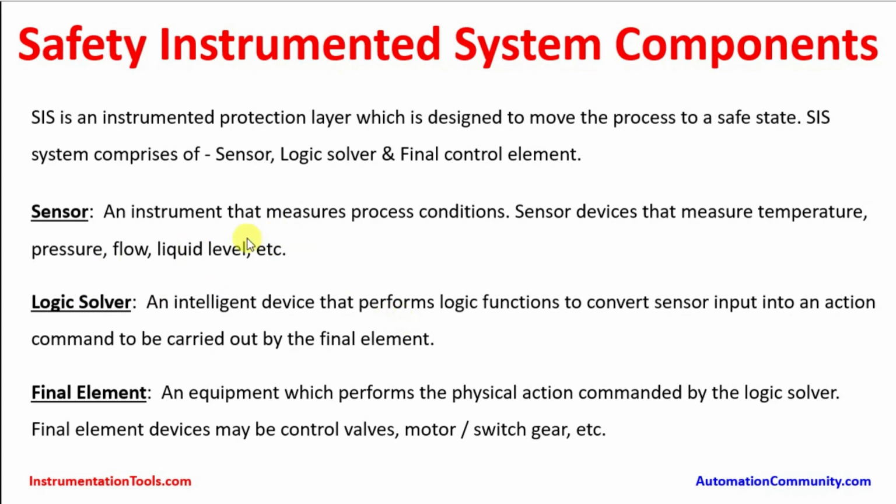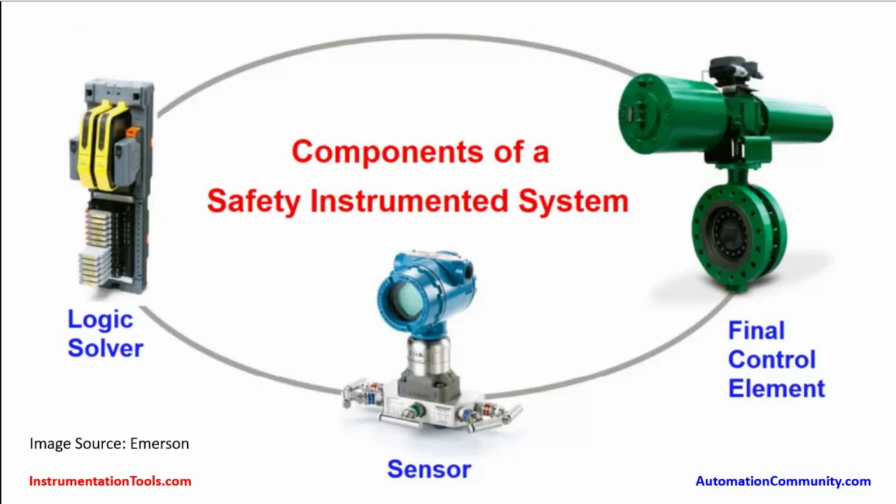A sensor is an instrument that measures the process conditions. Sensor devices measure temperature, pressure, flow, liquid level, etc. Sensors can also be analytical instruments like gas chromatographs, oxygen and CO2 analyzers, and electrical switchgear signals like power, current, etc.